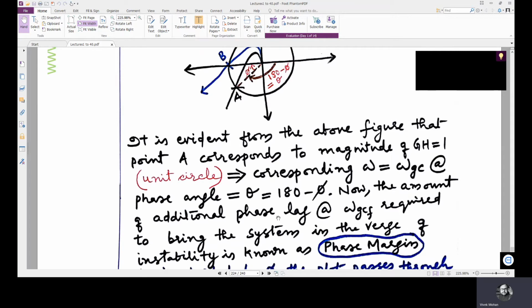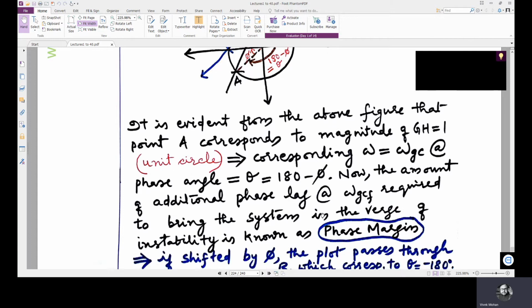The additional phase lag at the gain crossover frequency required to bring the system to the verge of instability defines the phase margin. Here the verge of instability is defined in terms of angle: minus 180 degrees. In the previous case, we took the verge of instability as magnitude equals 1, so there the gain margin was defined. Here the phase margin is defined.